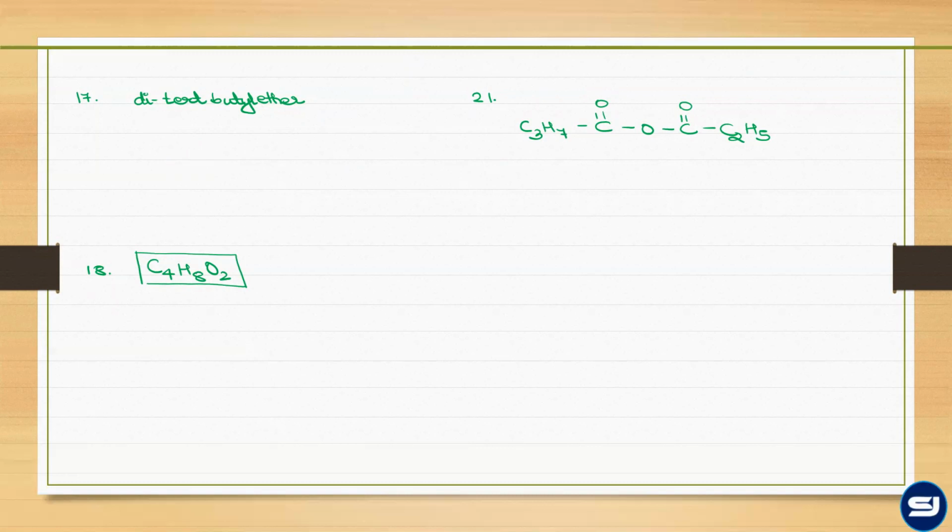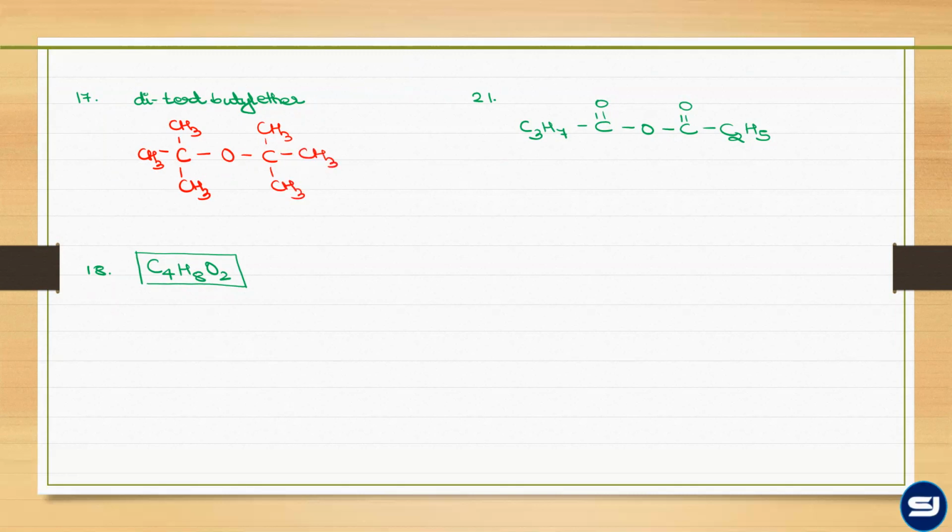C surrounded by 3 CH3 and a radical. C surrounded with 3 methyl groups is tertiary butyl, and obviously it's an alkyl radical, so there will be an unshared valency here. And now it's a symmetrical ether with both sides of the divalent oxygen surrounded by the tertiary butyl group.